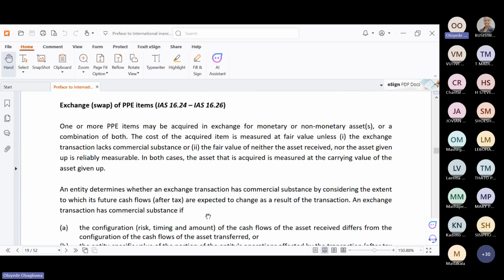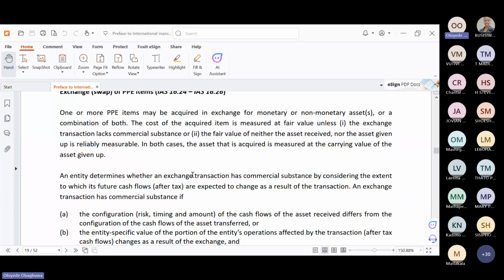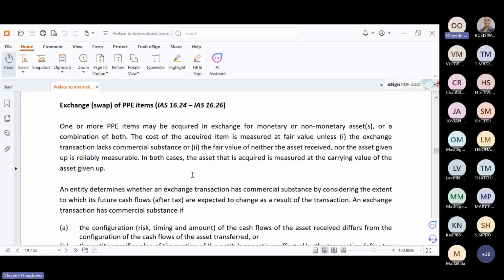So then these other ones, we also look at as some preliminary knowledge we need to know about PPE, that is the exchange swap. There are also some conditions here you need to understand in case you have questions on something. On exchange, one or more PPE items may be acquired in exchange for a monetary or non-monetary asset, or a combination of both.